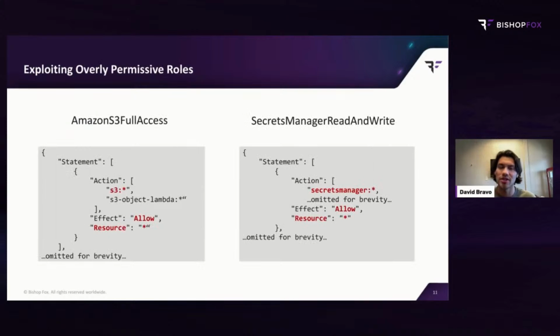Overly permissive roles. So this is not only applicable for AWS, and Cognito, but also applicable across any security assessment, pen test, or red team you're doing in the AWS environment. So here we have two roles that I've seen attached to an authenticated identity pool, the authenticated users in an identity pool. And so, as you can see, these are relatively permissive.